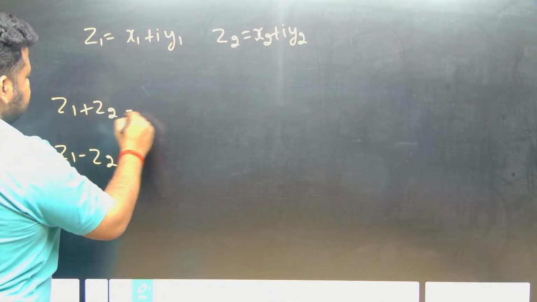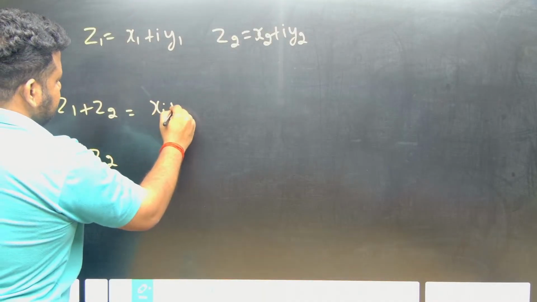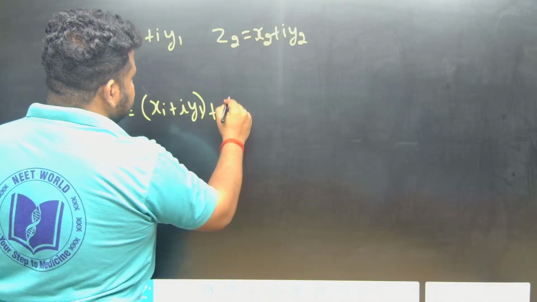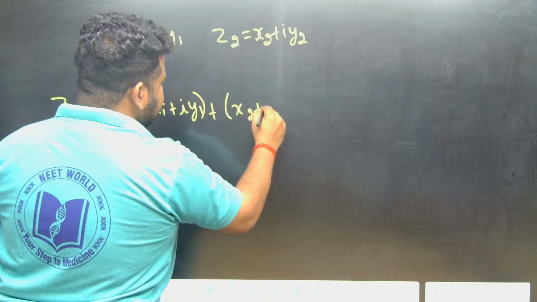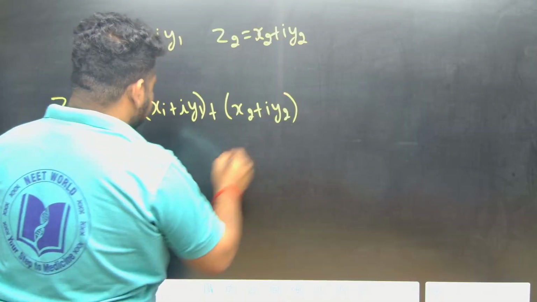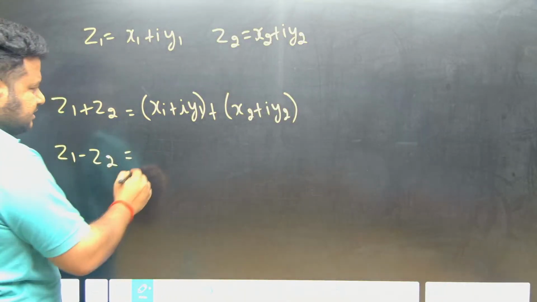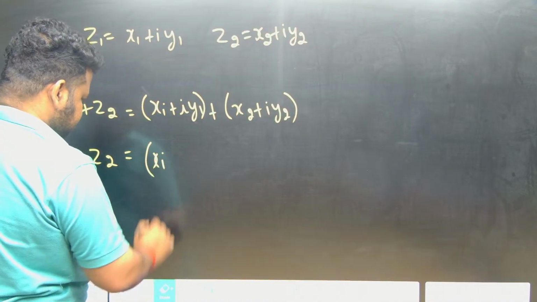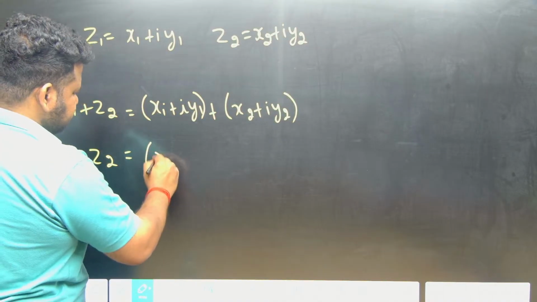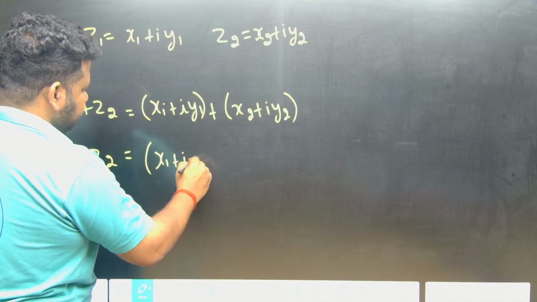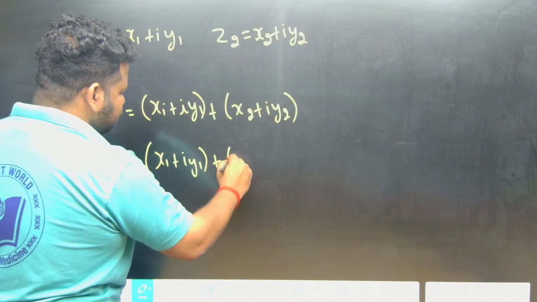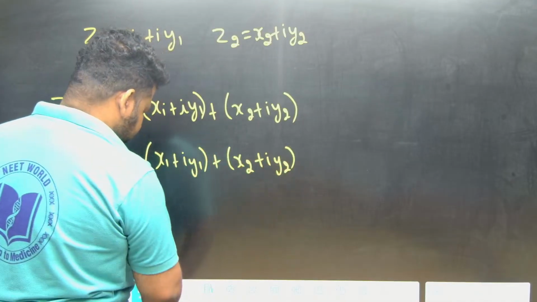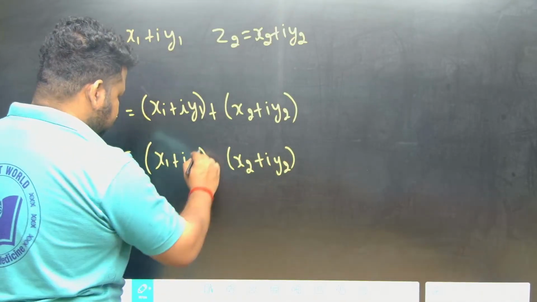Given x1 plus i y1, plus, since they are asking addition, x2 plus i y2. For subtraction, minus should come here instead.